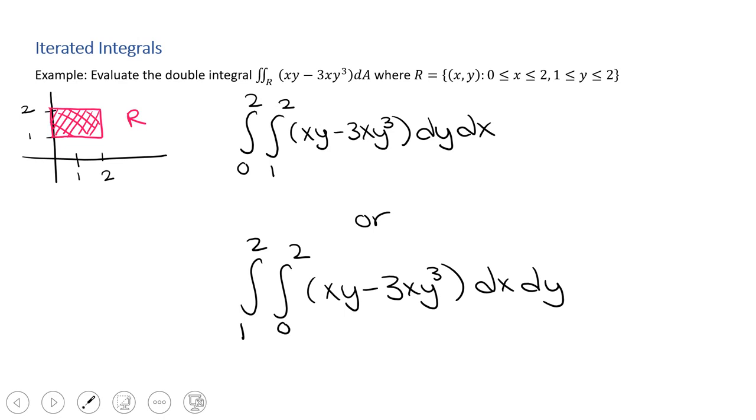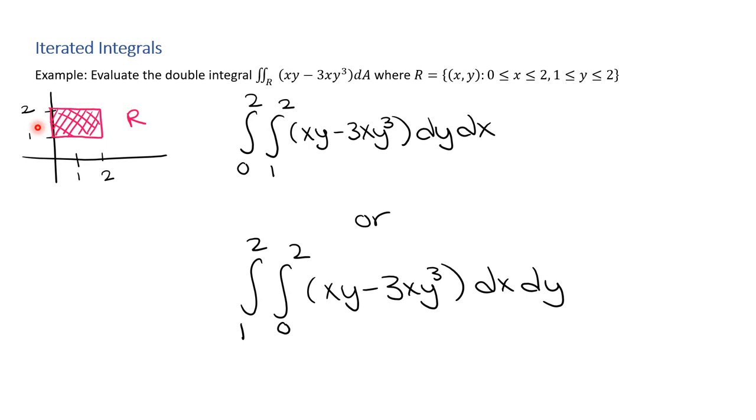So the first thing I'm going to do is sketch that region that we're integrating over. That's what I've done on the left side of the screen in pink. The x's go from 0 to 2, and the y's go from 1 to 2. So we're integrating over this rectangular region.